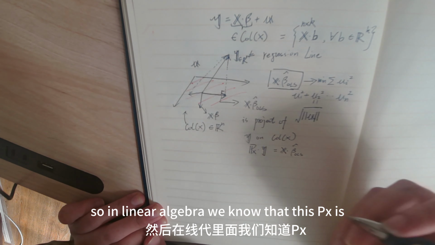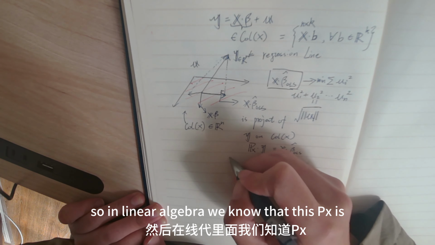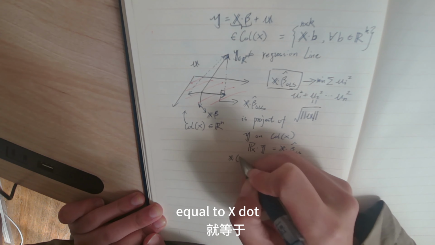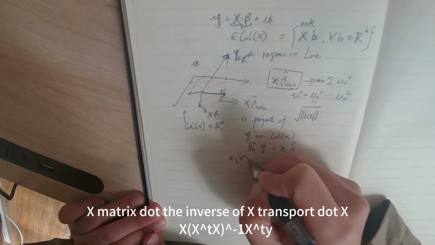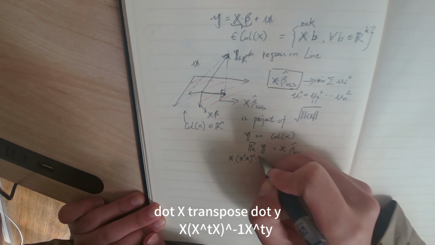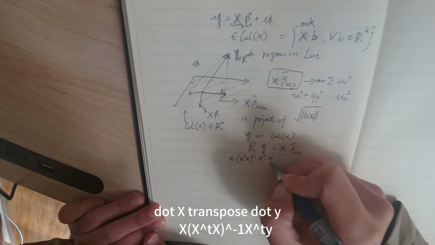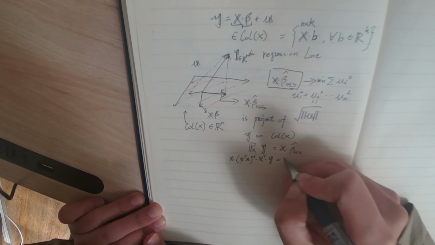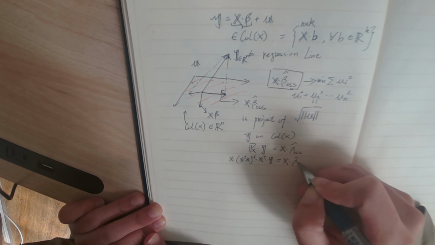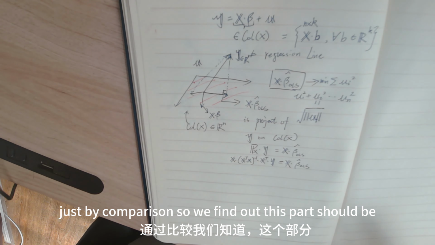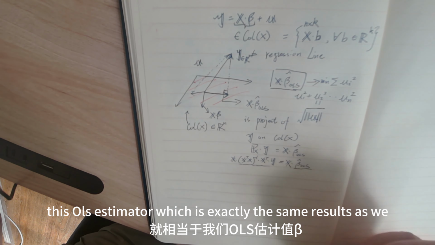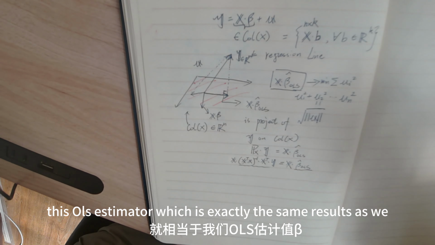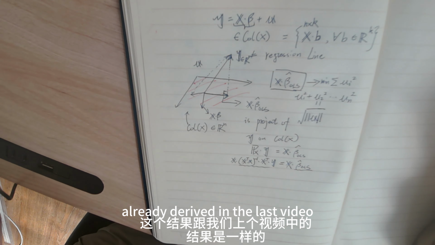In linear algebra, we know that P is equal to X, the X matrix, dot the inverse of X transpose X, dot X transpose, dot y. Just by comparison, we find this part should be the OLS estimator, which is exactly the same result as we already derived in the last video.